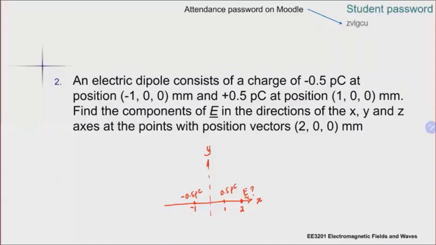We can work out the electric field due to the minus charge in isolation, and then due to the positive charge in isolation, and then sum up the two electric field vectors.